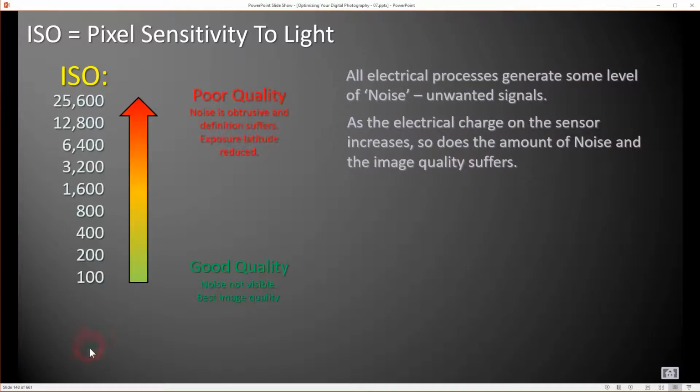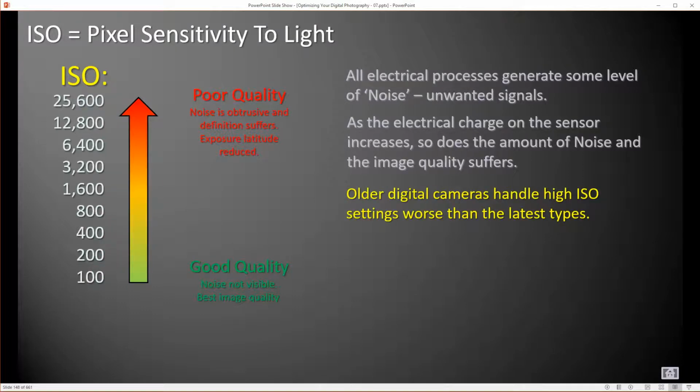So you can see here that at 100 ISO we get really good quality, and as we increase the ISO, although we're able to take pictures in darker conditions and use faster shutter speeds, the quality of the resulting image deteriorates as we go up the scale.